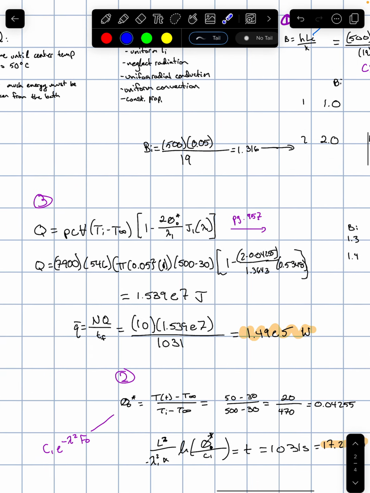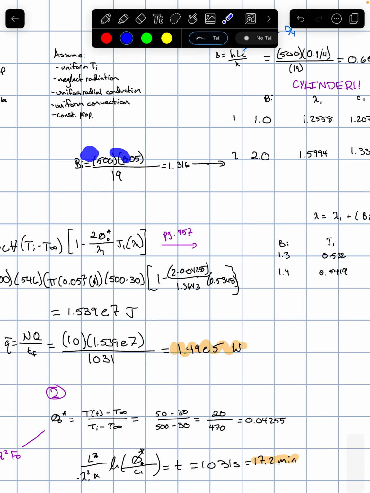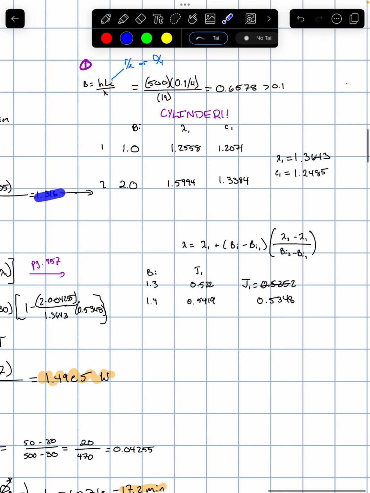Now we need to calculate again the Biot number for first term in particular, and we get 1.316. Then we can go to the book and linearly interpolate between 1 and 2 to find our lambda 1 and C1 values of 1.364 and 1.248.